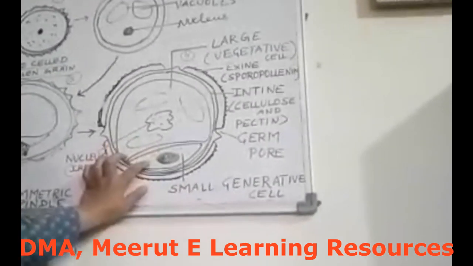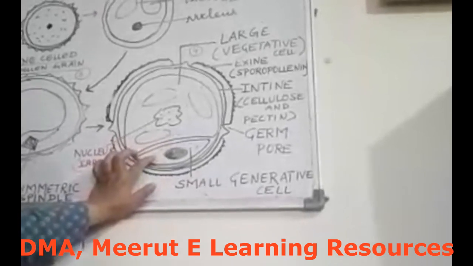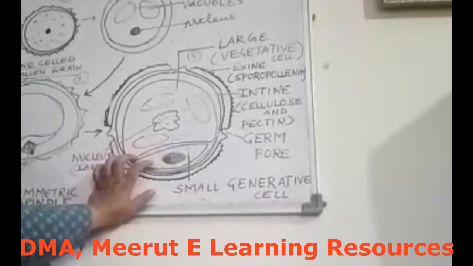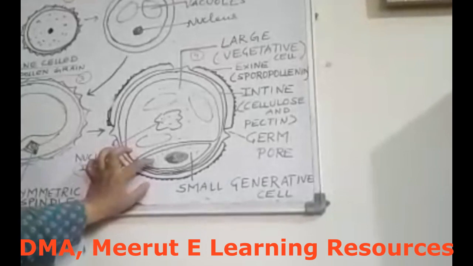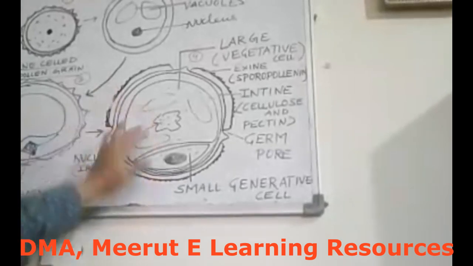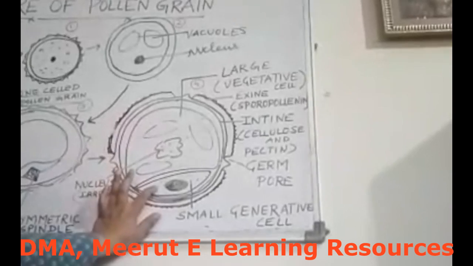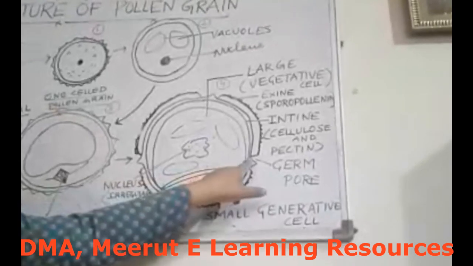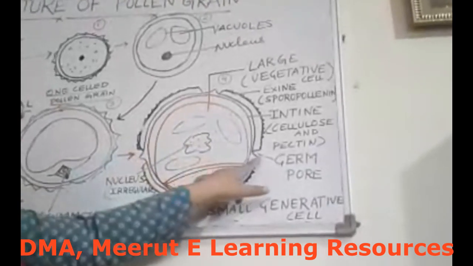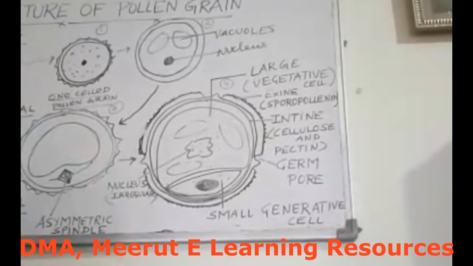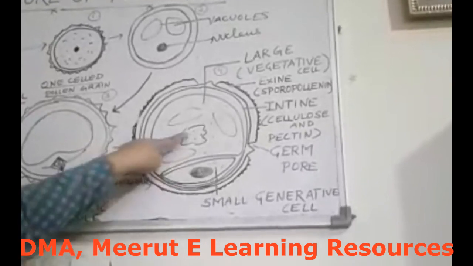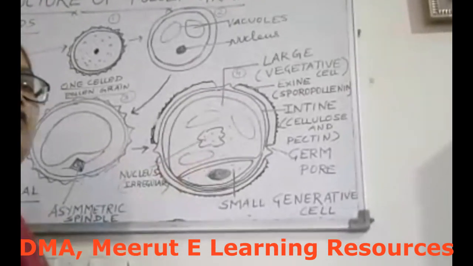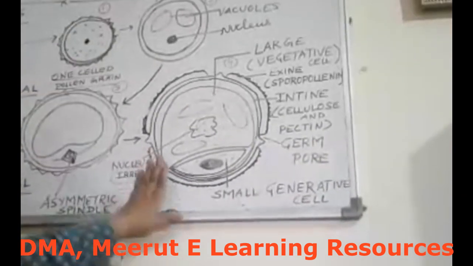This generative cell separates from the pollen cell wall by the formation of callose, and later this callose is dissolved by the enzyme callase, and it becomes naked and floats freely in the cytoplasm of the vegetative cell. It is somewhat spindle shaped. At germ pores, the intine may be thickened, or you can say it has deposition of callose. The vegetative cell is irregular in shape while the generative cell nucleus is very prominent.